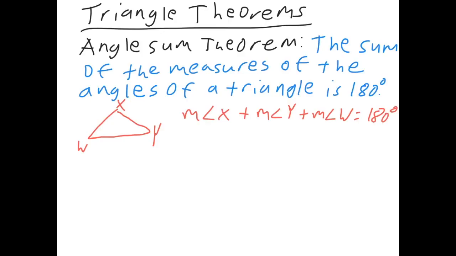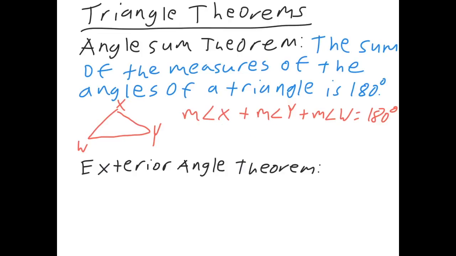And just for a quick notation, M means measure, so it's the measure of angle X, the measure of angle Y. Now the exterior angle theorem.